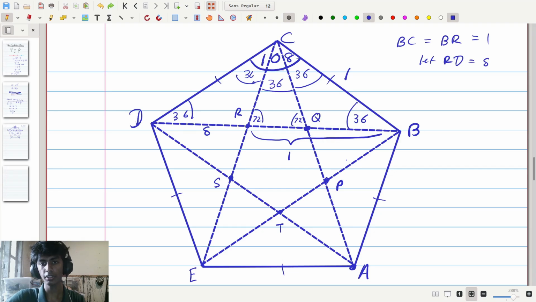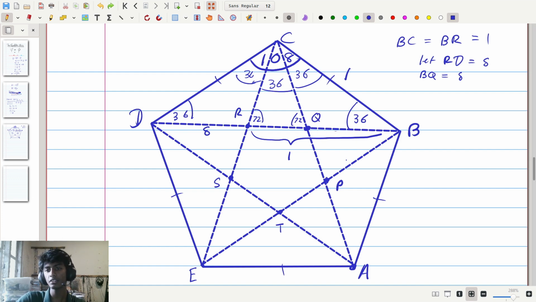So therefore, this other length BQ is also going to be equal to delta. So we have here this length delta and this length also delta. This length is the total length here minus a delta minus another delta. We'll ignore that for now, that's not relevant. What we care about is that this length is delta and similarly this length is delta.